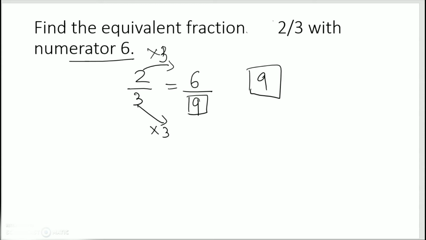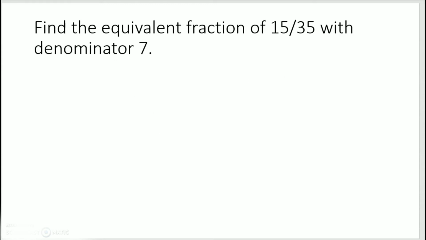Let's see the next question. Find the equivalent fraction of 15/35 with denominator 7. Now in this case, the denominator is given as 7, but the numerator is missing. So you can see here 35 and 7. So 35 reduced to 7.